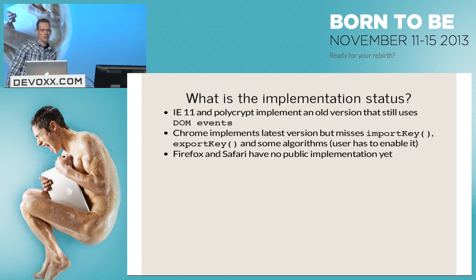So what is the implementation status? IE11 and Polycrypt implement an old version of the spec, and you might have noticed that in the examples I was calling the function to, for example, generate a key, and then use a method then, and on that I provide the callback.